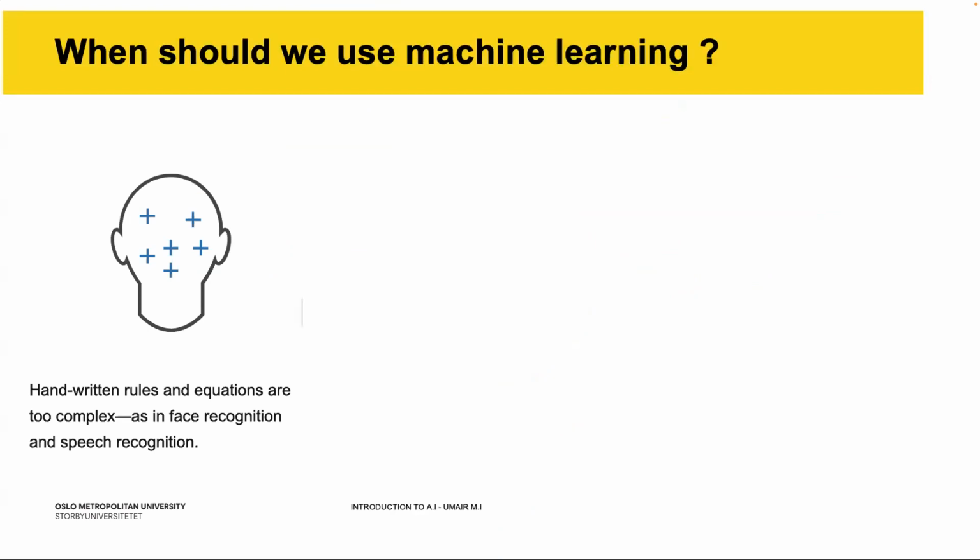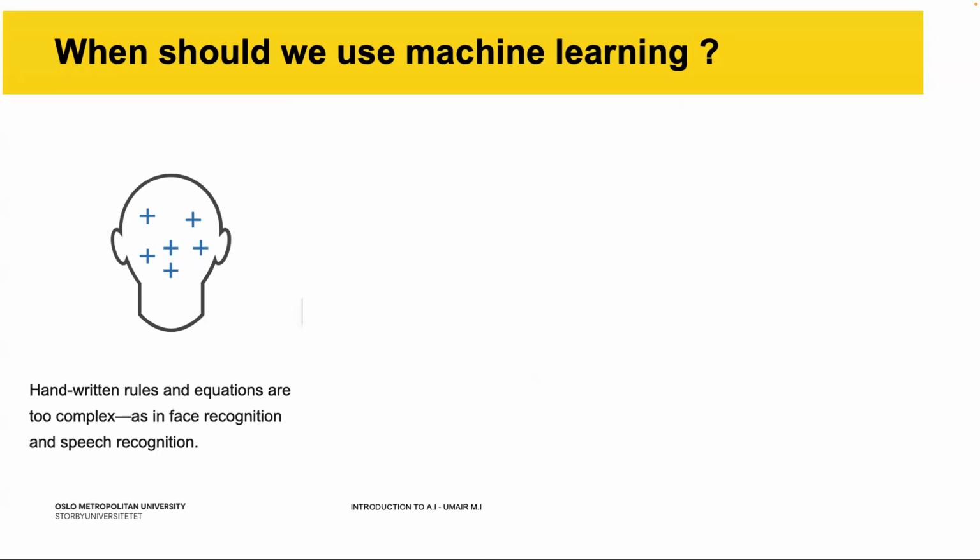So if you are given a problem, you have to figure out if you're going to implement it using simple traditional programming, or if you have to use machine learning to fix it. So you need to figure out when, and then you need to do an analysis.